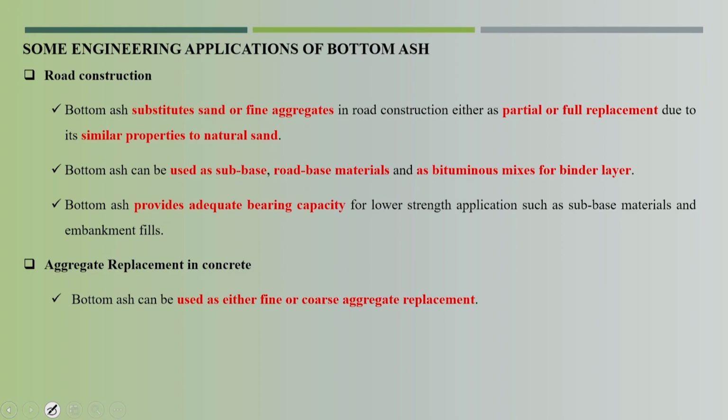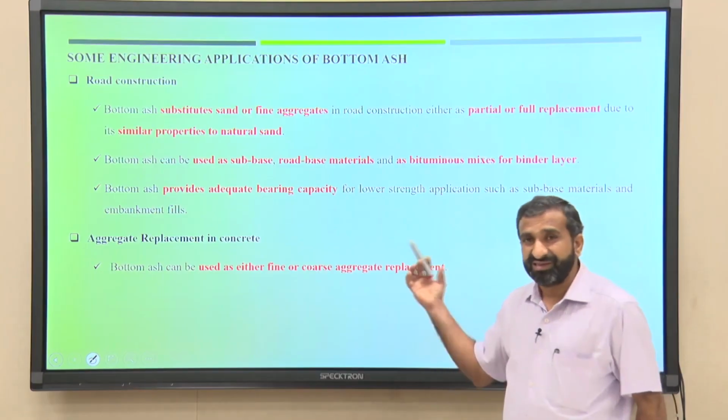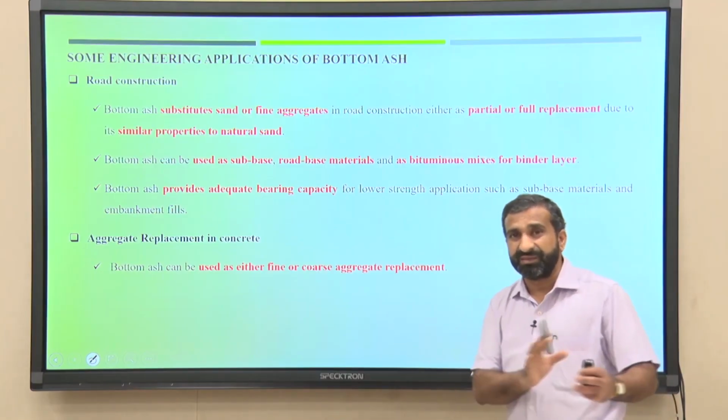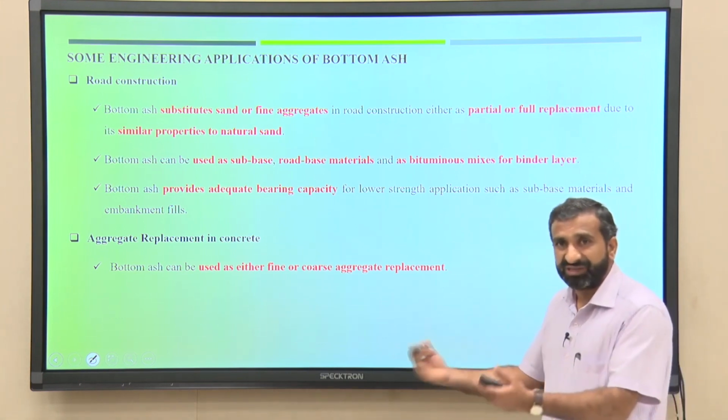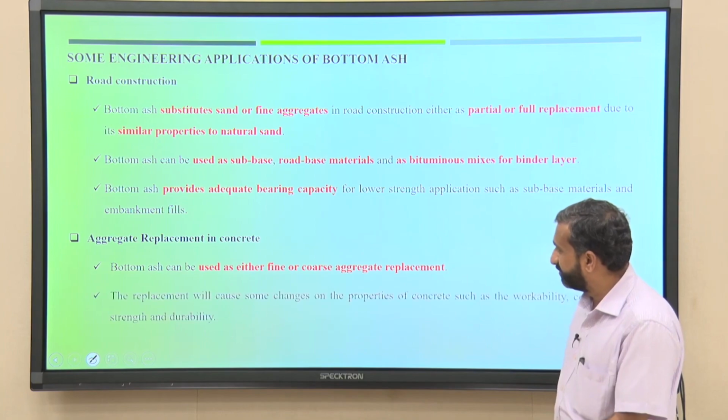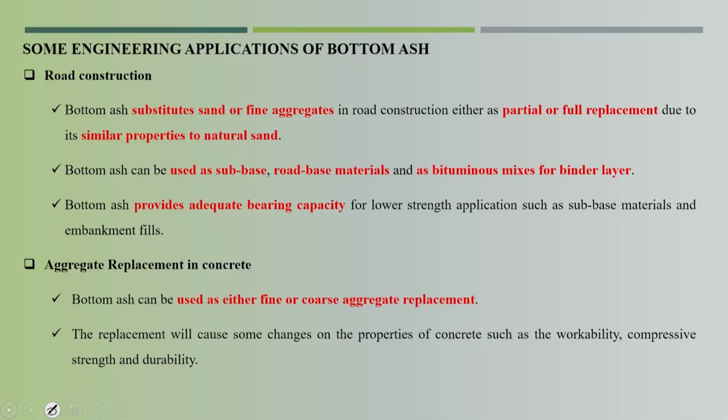And if you know the particular size, in the separation process we can separate out the particular size, which we can now use as an aggregate. The replacement will cause some changes in the properties of concrete such as workability, compressive strength and durability.